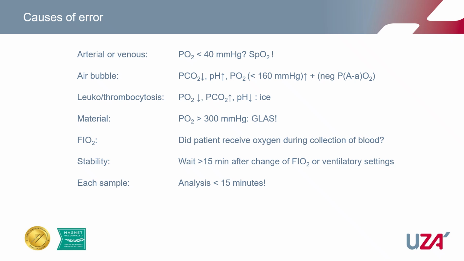It is recommended to put the blood gas sample on ice while it is transported to the laboratory in this particular situation. When a very high PO2 is expected, like in calculation of shunt fraction, it is recommended to use glass instead of a plastic syringe because oxygen may diffuse through plastic but not through glass.